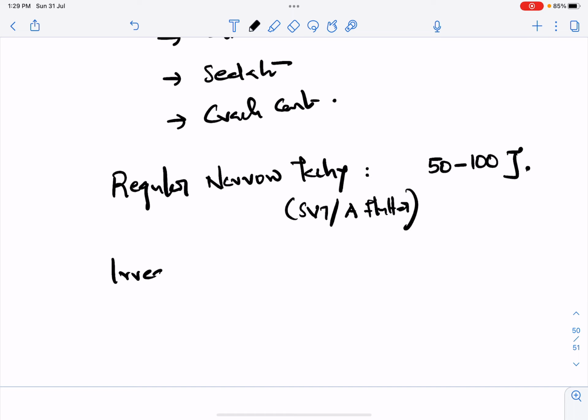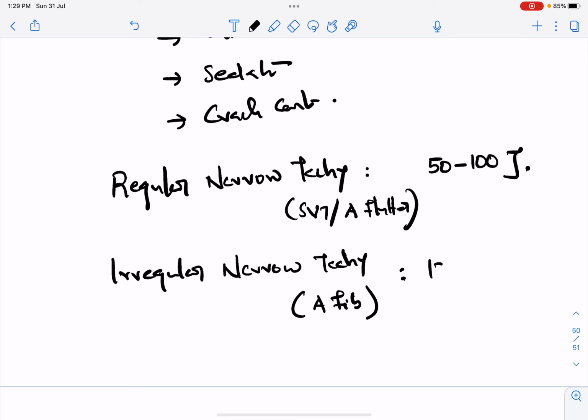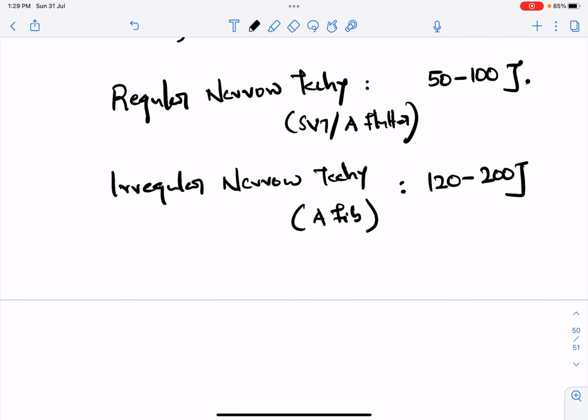For irregular narrow tachy, it is atrial fibrillation, 120 to 200 joules. And for wide or monomorphic VT, the recommended joule is 100 joules. Okay, that is the joules for synchronized cardioversion recommended in 2015.